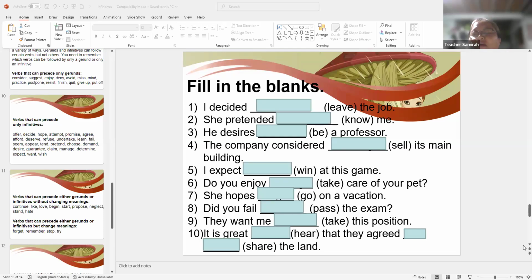Okay, number 6. Who would like to read and answer number 6? Do you enjoy blank care of your pet? Okay, what are we going to use? Gerund or infinitive?